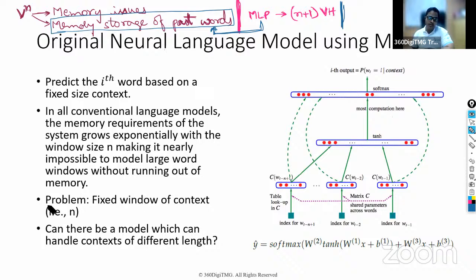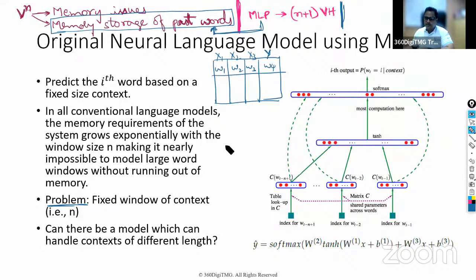And another problem is the fixed window of context, meaning if you build a model in such a way that you have, say, 3 words, word 1, word 2, word 3, and you want to predict the 4th word. So you have 3 words which are inputs and the 4th word is output.